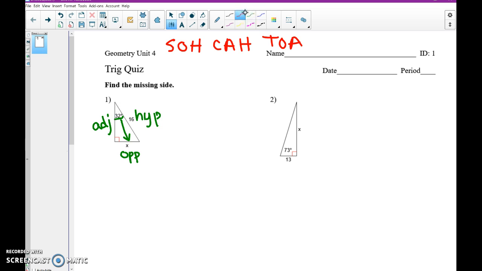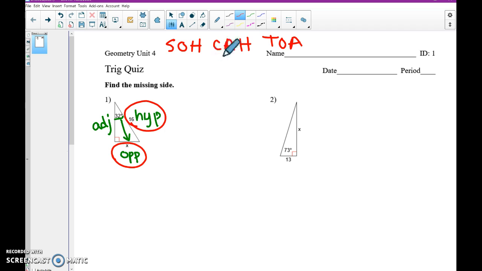Now, there's only 2 sides that actually have something written on them. We've got x on the opposite side, so I'm going to circle that one. And we've got a 16 on the hypotenuse side, so I'm going to circle that one. If I look up here at my SOHCAHTOA, SOH stands for sine, opposite over hypotenuse.